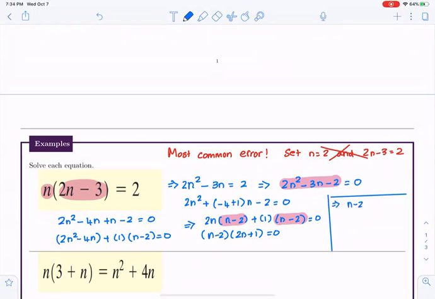N minus 2 equals 0, therefore n is 2. 2n plus 1 equals 0, which would imply 2n is equal to -1, which would imply n is -1/2.